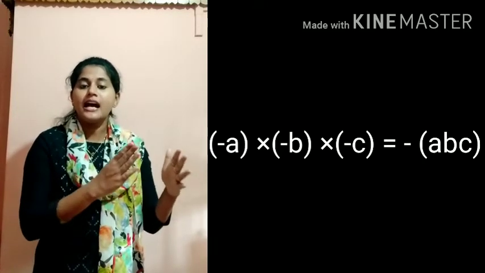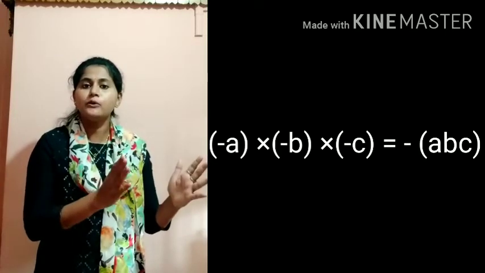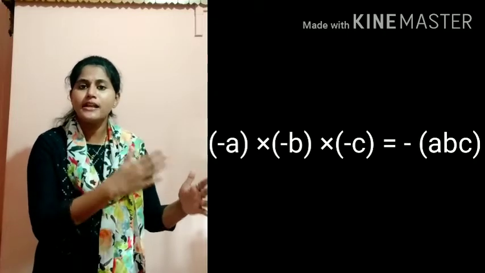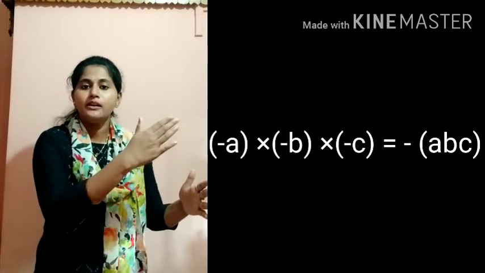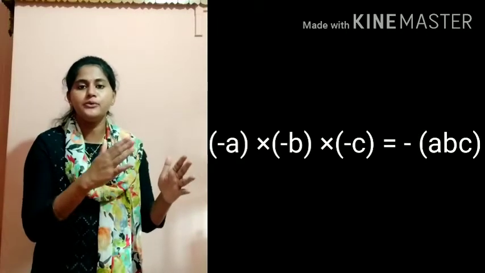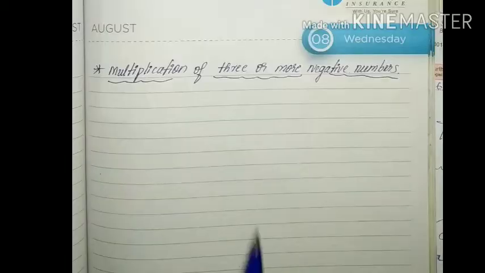That product is always negative only. Minus minus is plus, plus minus is minus only. So minus of A into B into C. See how to multiply 3 or more negative integers in my explanation soon.